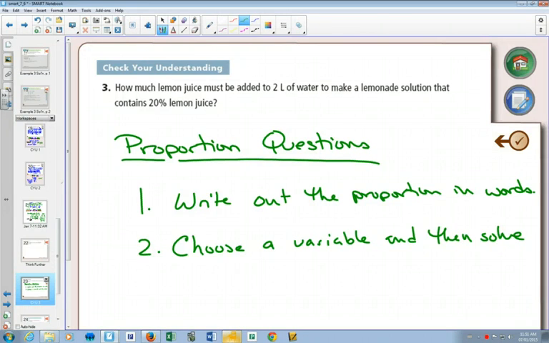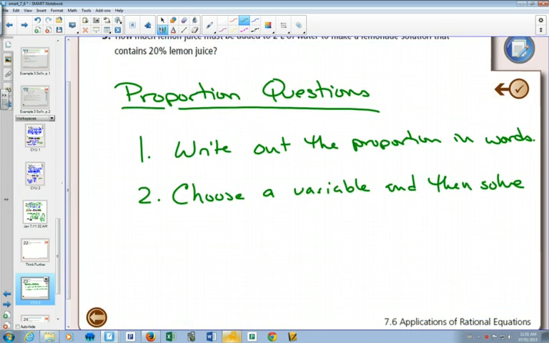So in this question, our proportion in words, if we want 20%, that I guess is a number, but the proportion here we're going to write in words. If you want 20% lemon juice, what would you have? You would have, if you wanted 20% on your test, if that was your goal, right?